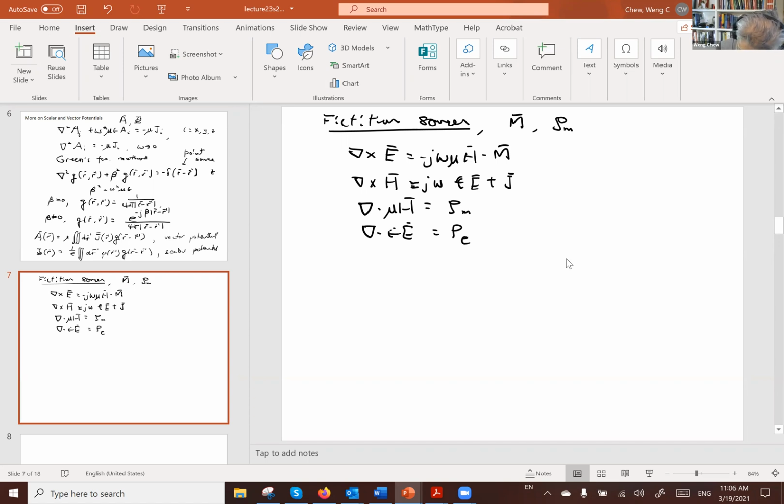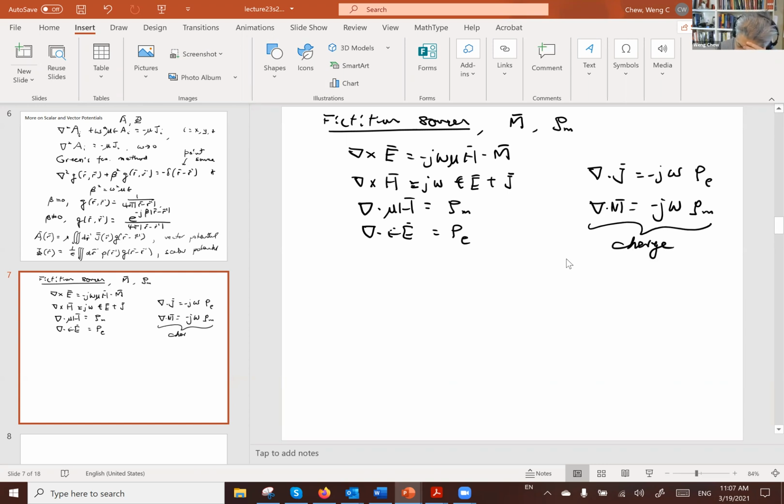And of course you have the continuity equation: the divergence of J must be equal to j omega rho sub E. There should be a minus sign here: divergence of M equal to minus j omega rho sub M. These are charge conservation equations, also called the current continuity equations.